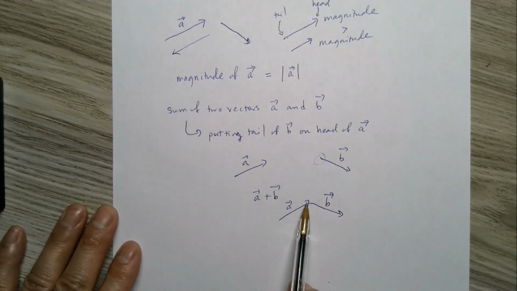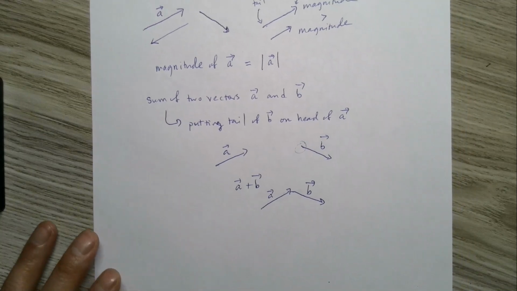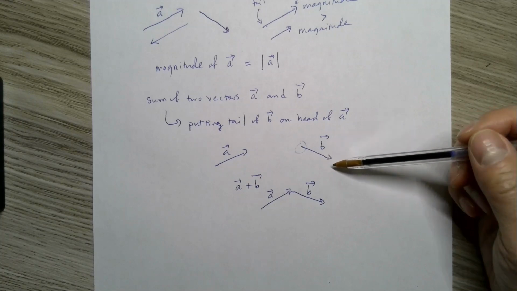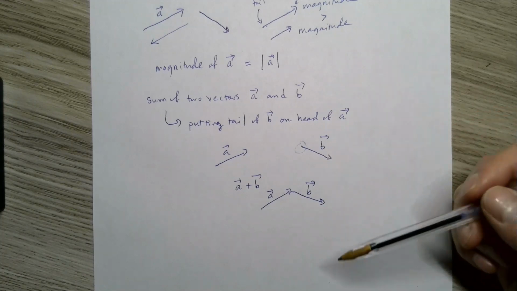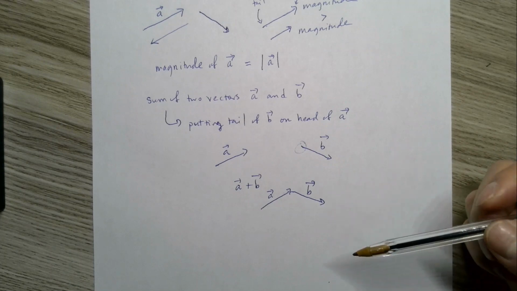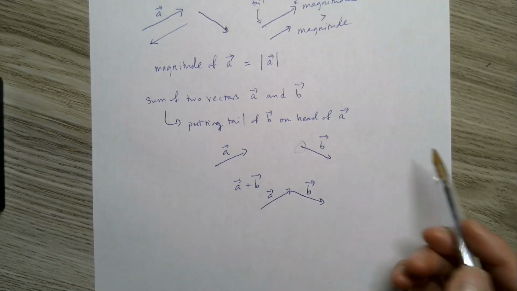Now you may ask, how can you just move a vector to another location? Is that changing the vector? No. A vector has a specific direction and a specific magnitude. But one thing a vector does not have is a specific location. So that gives me the freedom to move this vector anywhere I want.